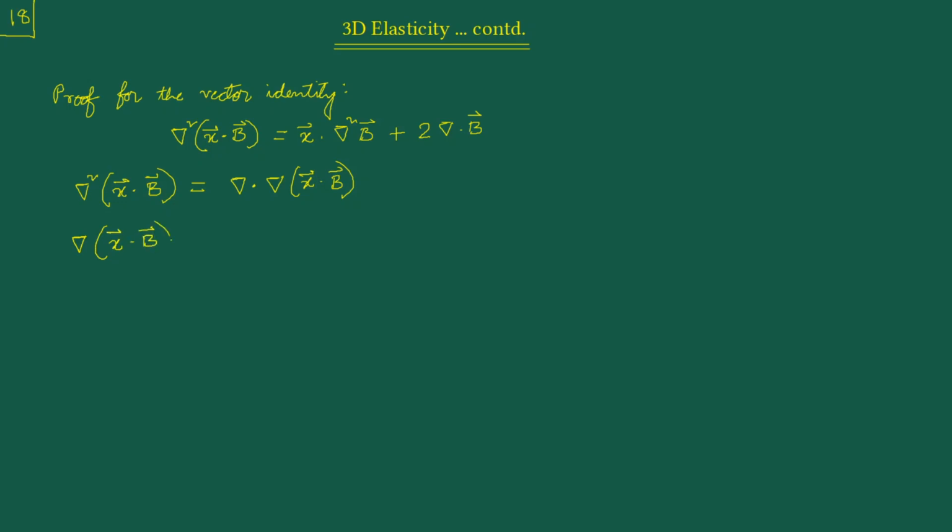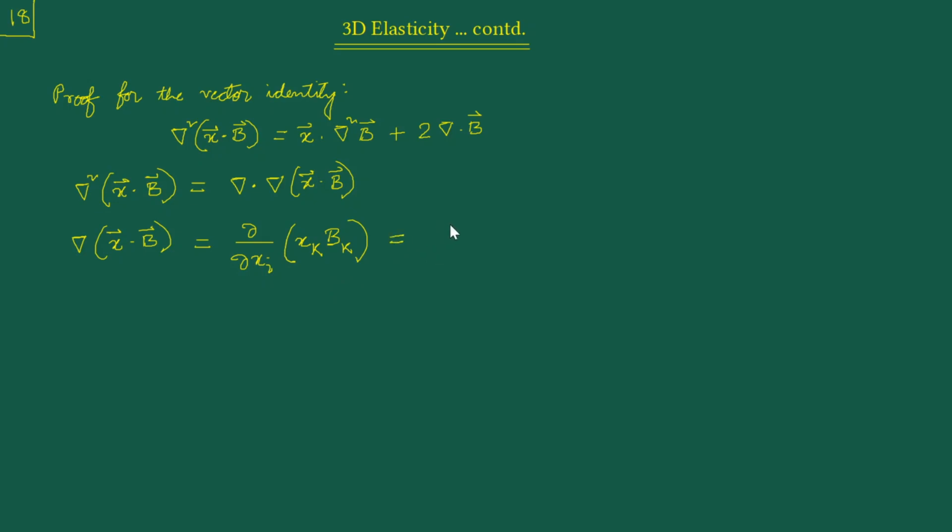x dot b, we represent this in index notation. So for the gradient I'll use del xi, and this x dot b is just a dot product, so I can use any index for it. I'll use k. Okay, it's a dummy index, and I expand it.